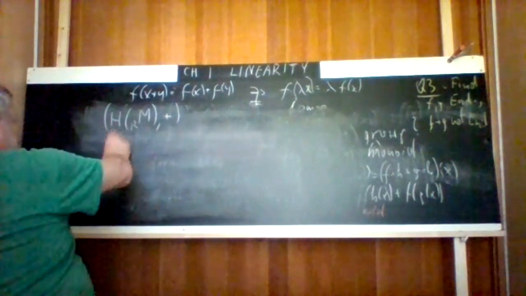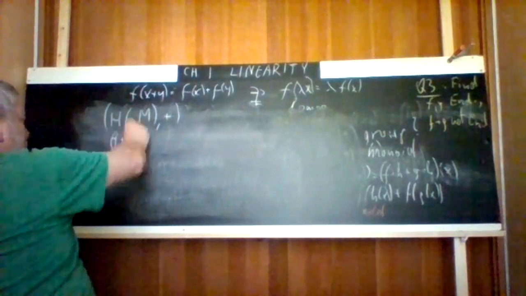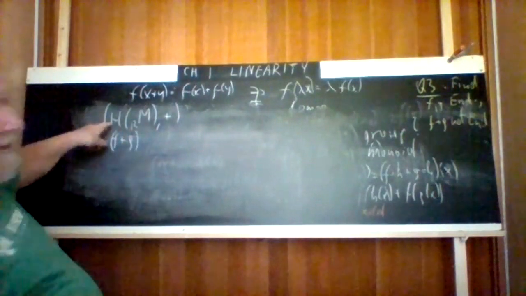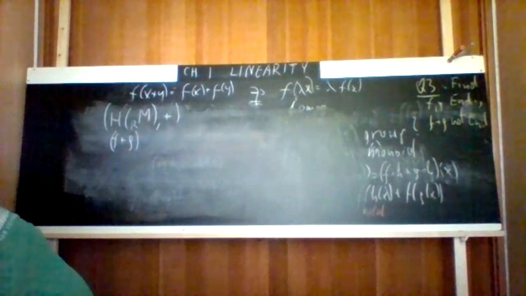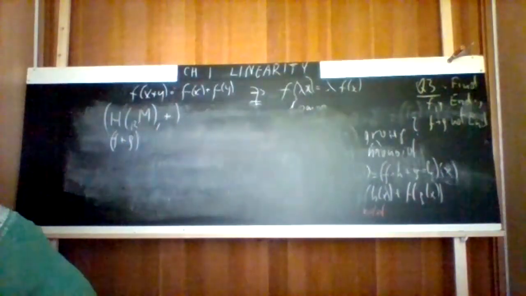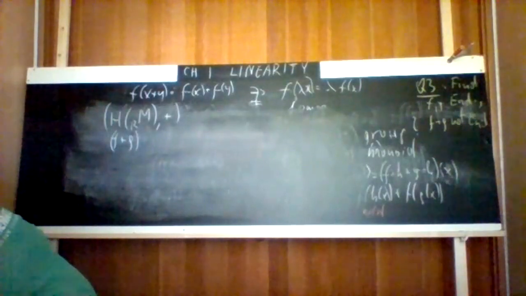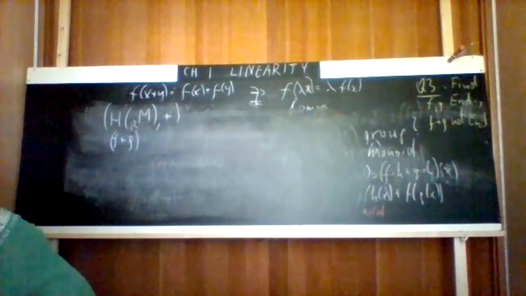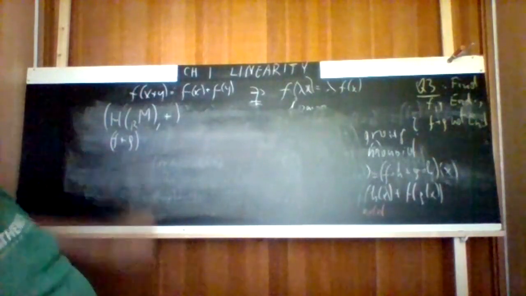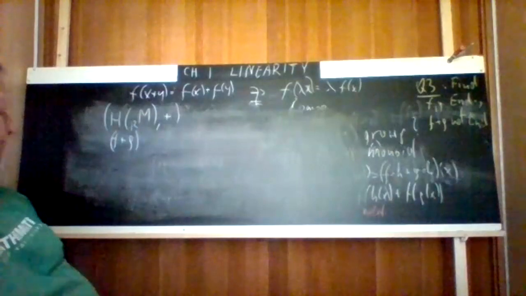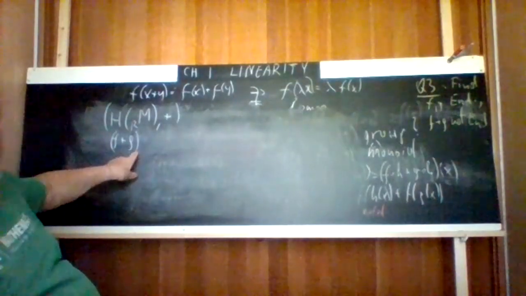So let's take again f plus g in this collection of homogeneous maps, and apply this to some element x, to find out if this f plus g is again a homogeneous function. So what do we have to test for f plus g to be homogeneous?